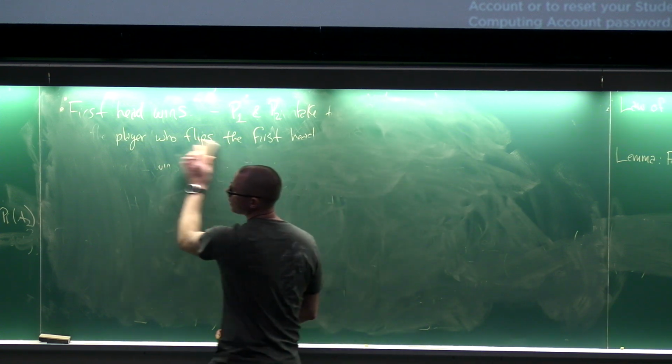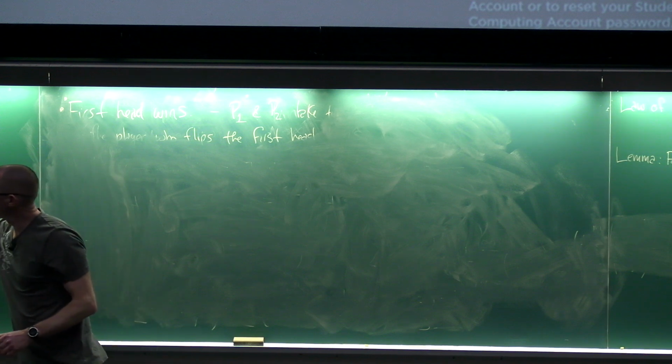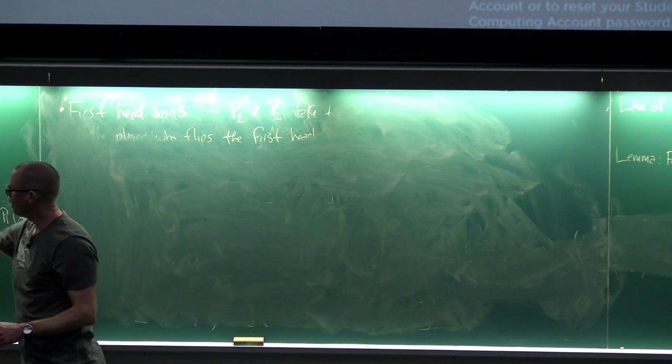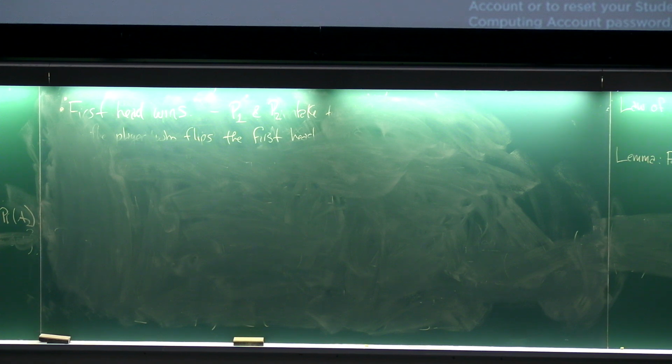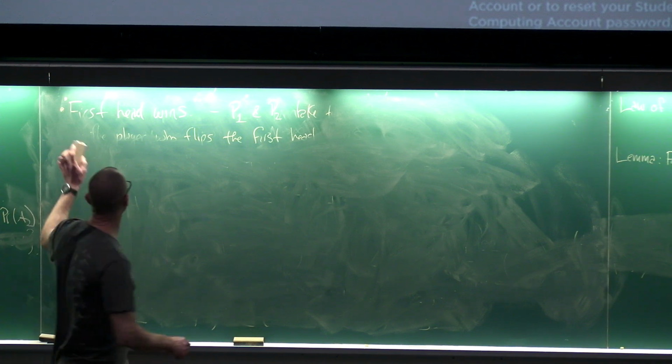Because I need the number of tails between the first and second head to be odd in this setup, and down here I need it to be even, but then I need the number before the first head to be odd.